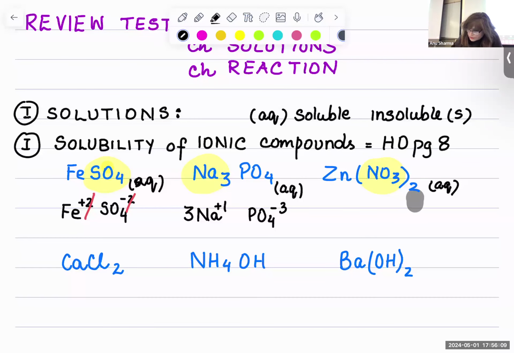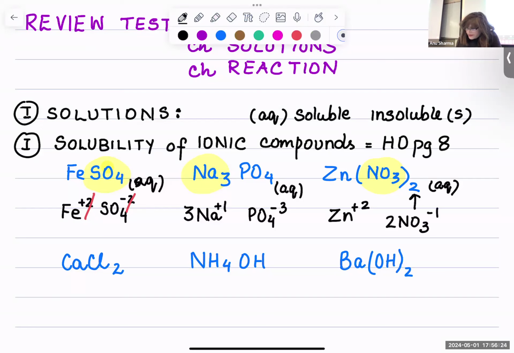Don't forget that this 2 is coming from the charge on top of zinc. So this is Zn +2 and 2 NO3 -1. This is how they dissolve in water. Zinc has +2, so it needs 2 nitrates to cancel out those +2 charges. You get that? Okay, good.